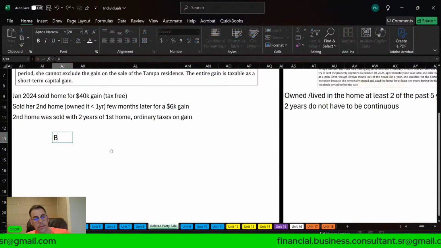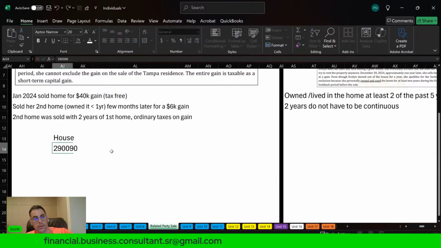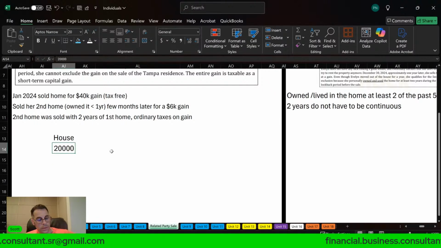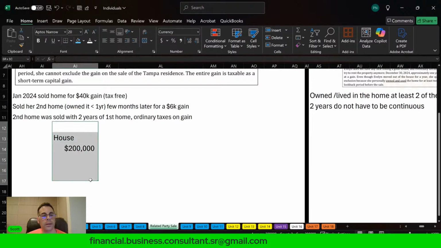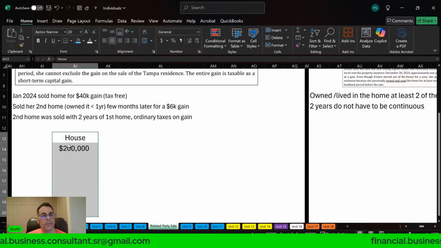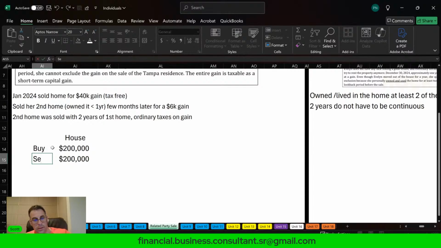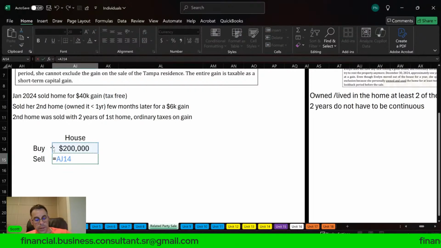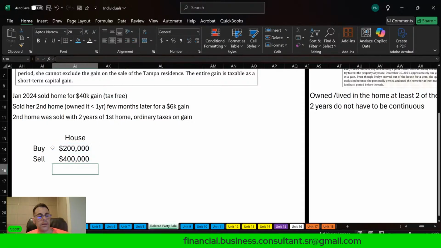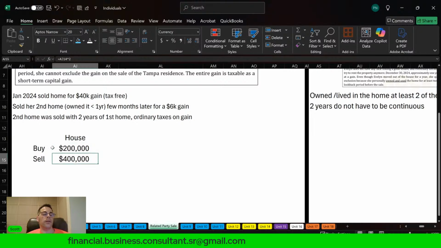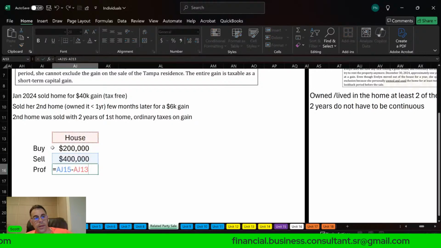So if you buy a house for $200,000 and say it doubles, it goes to $400,000, then you profit $200,000.